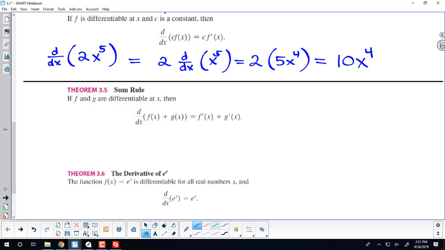Okay. So let's look at an example. Take the derivative of 2 times the cube root of x. Well, let's do 2 times 1 over the cube root of x.